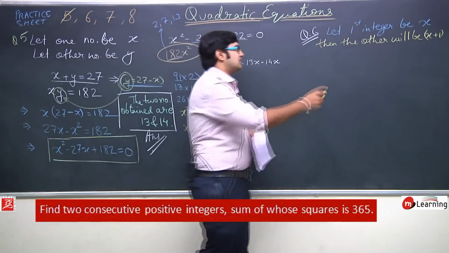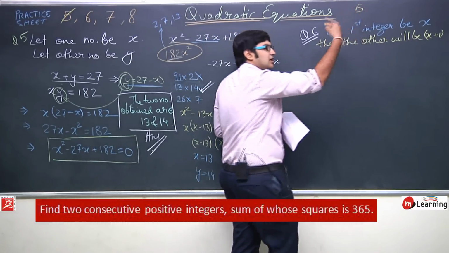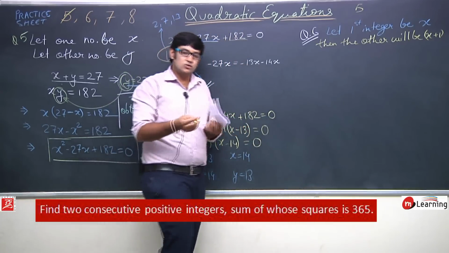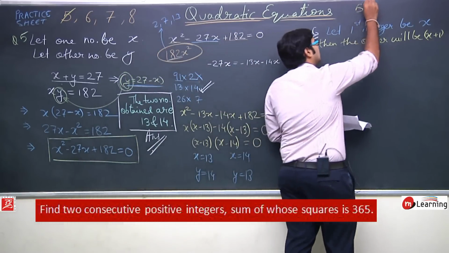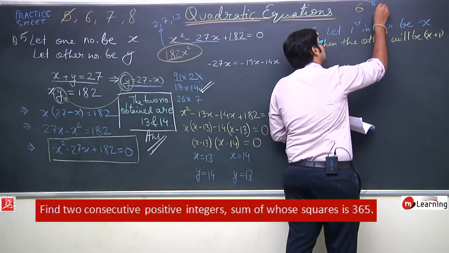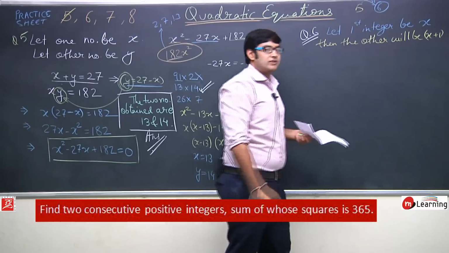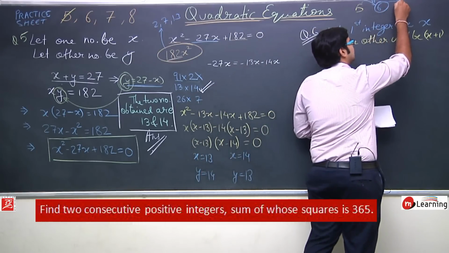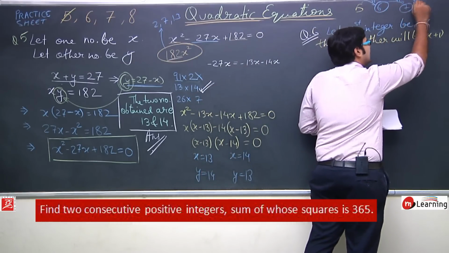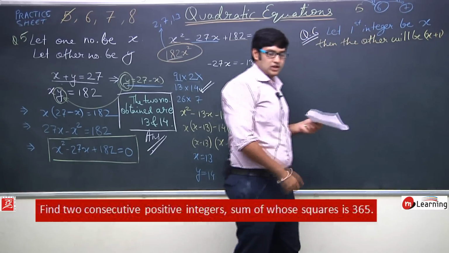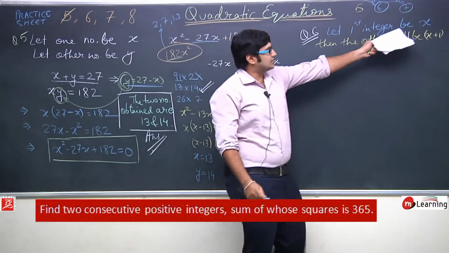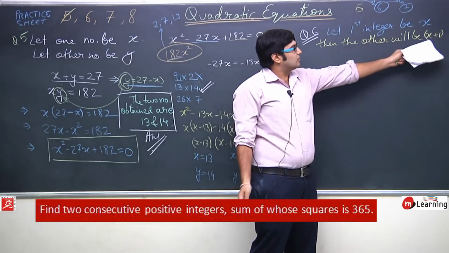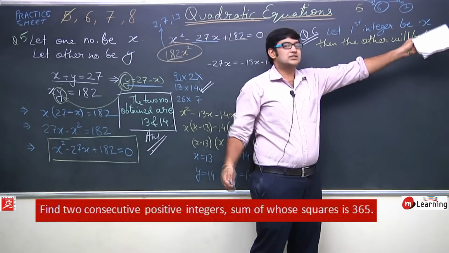For example, 5 is a number. Now I need to find the consecutive integer of 5. So I will simply add 1 to this 5 and it will give you 6. So 6 is the consecutive integer of 5. Similarly, the consecutive integer of 6 will be 7 and the sequence will go on. So in a similar manner, if x is a positive integer that I have assumed, then the other positive integer will be x plus 1.